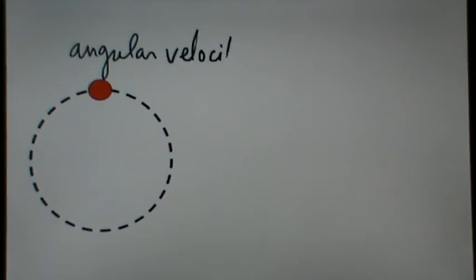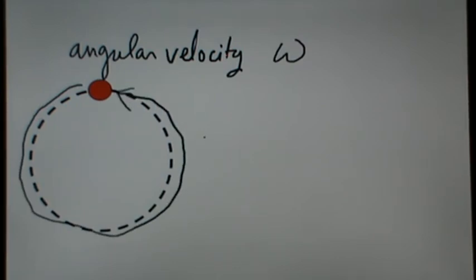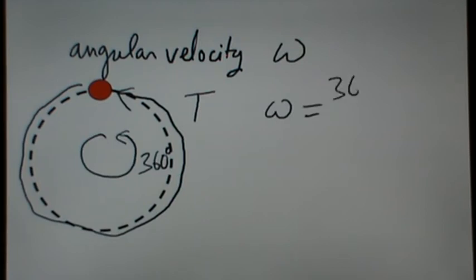In the uniform circular motion, we usually define what is called the angular velocity, or omega. So, if the object is completing one circle in one period T, and the angle for one revolution is 360 degrees, therefore the angular velocity omega will be 360 degrees divided by the period.